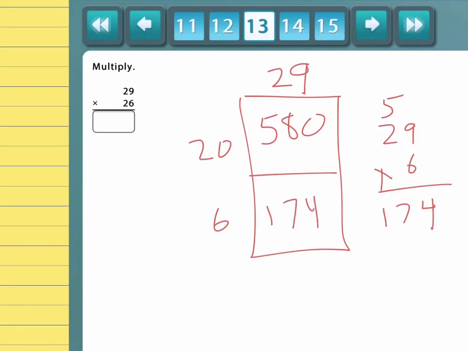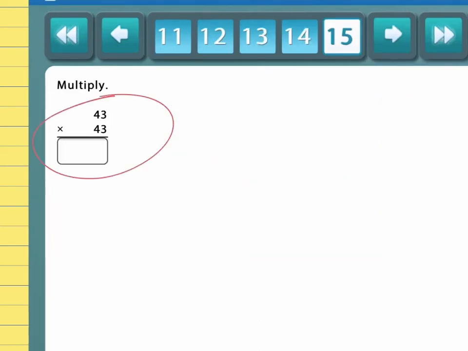So I did partial products, 20 times 29 and 6 times 29, and I get the product is going to be 754. I would check it with a calculator to see if I got it right, or ask Alexa.